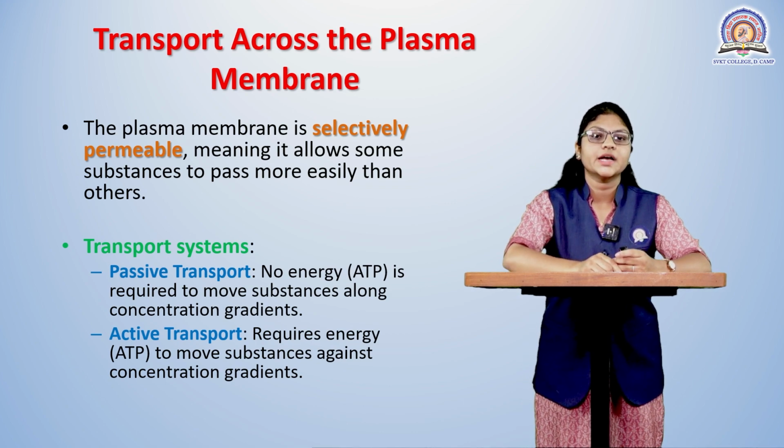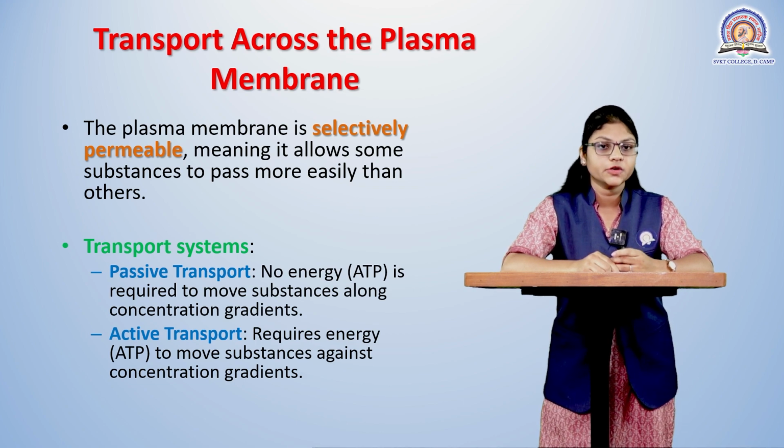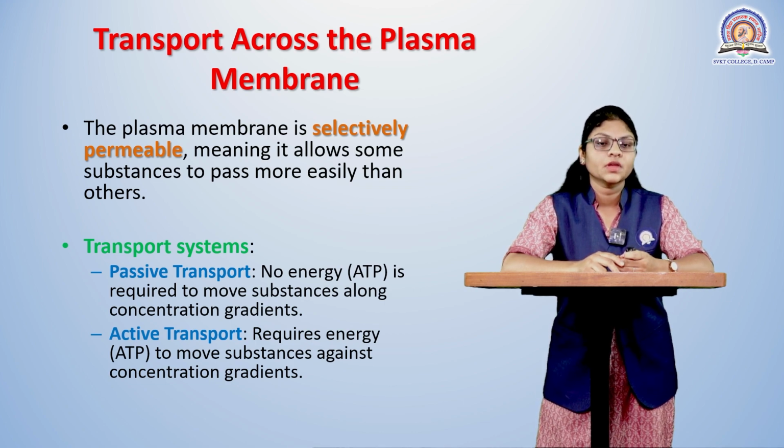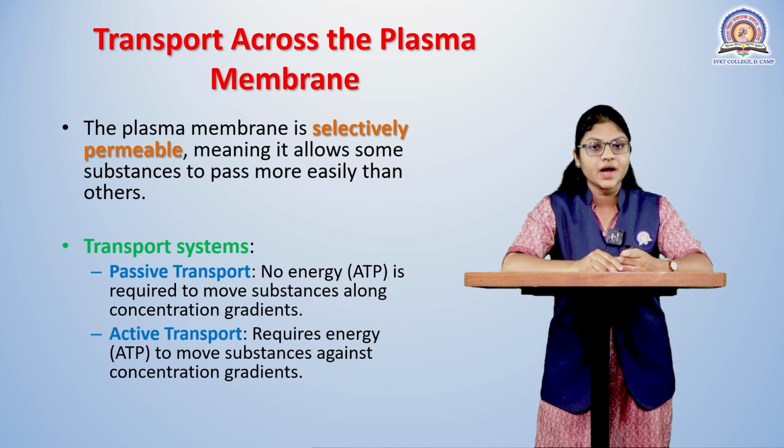As we know, the plasma membrane plays an important role in transportation, so the cell can perform its various functions. The plasma membrane is selectively permeable, meaning it allows some substances to pass more easily than others. The transport system is classified into two types: passive transport and active transport.